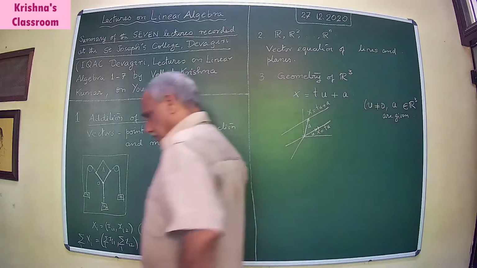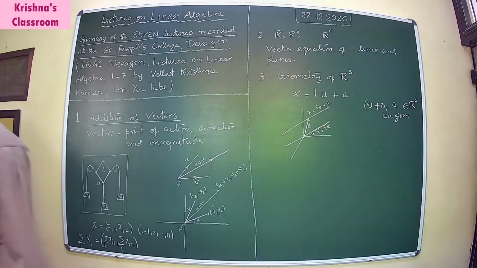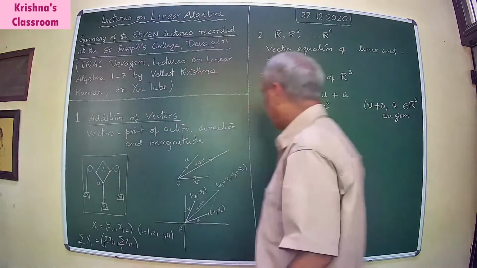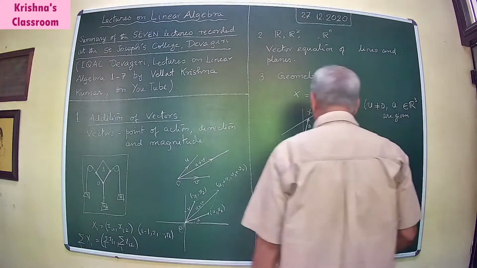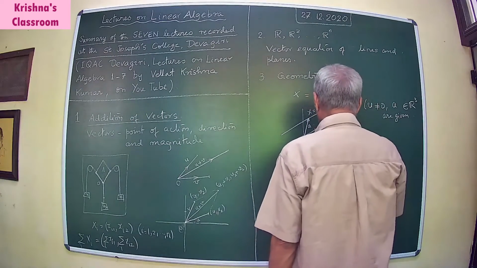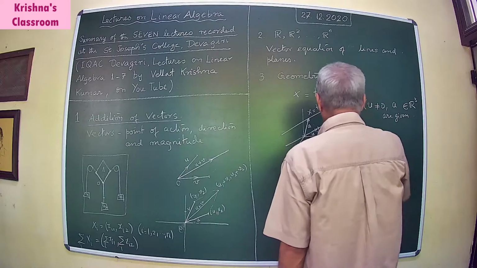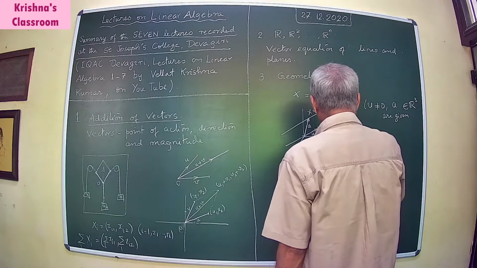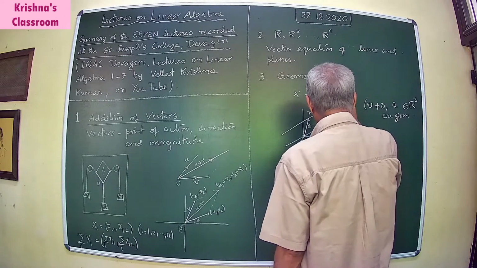Okay. What are the special things to be mentioned here? One thing that you observe is about the line L and LA.